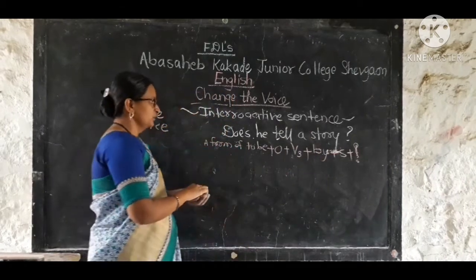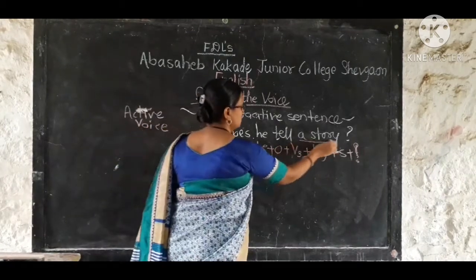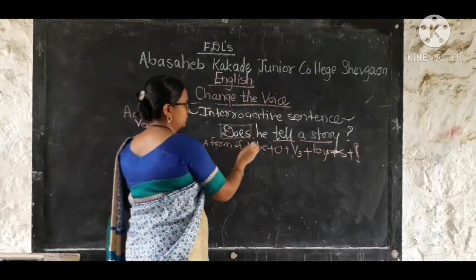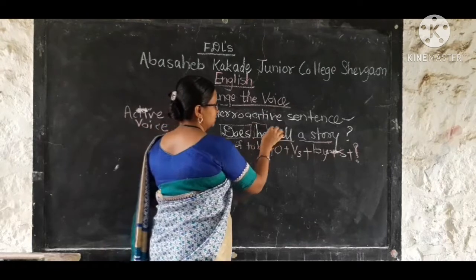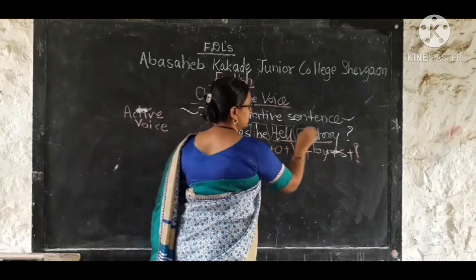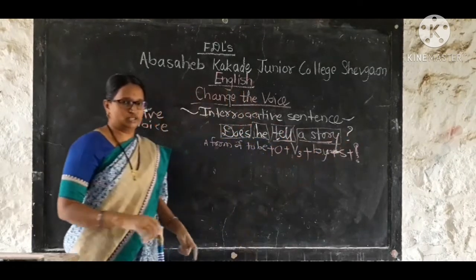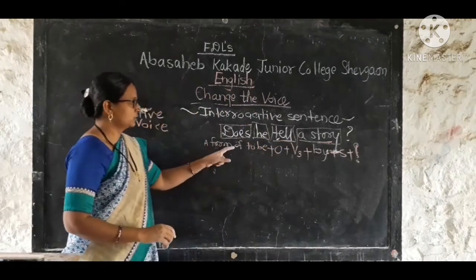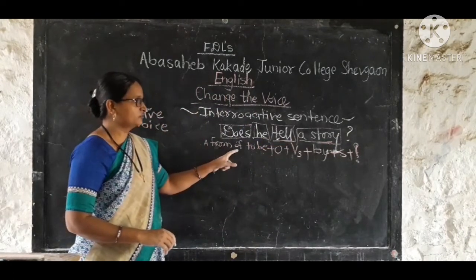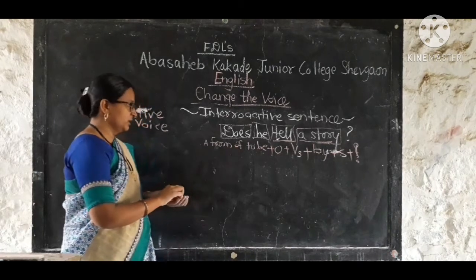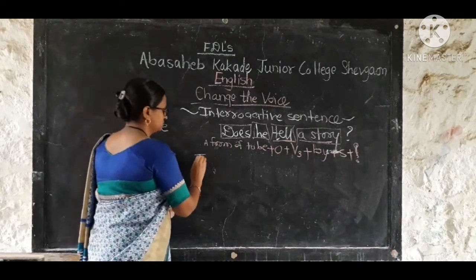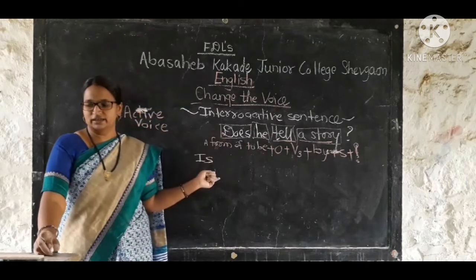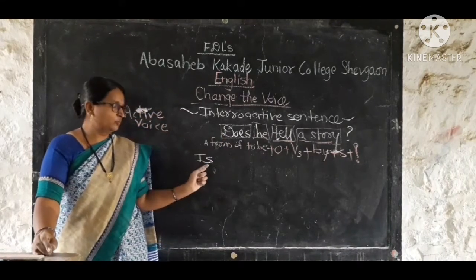And here in this sentence, does is helping verb, he is subject, tell is the verb, and story is an object. Now we have to begin our sentence with object. But before that we have to use the form of to be. And here we have to use is, because does means again it is present tense.